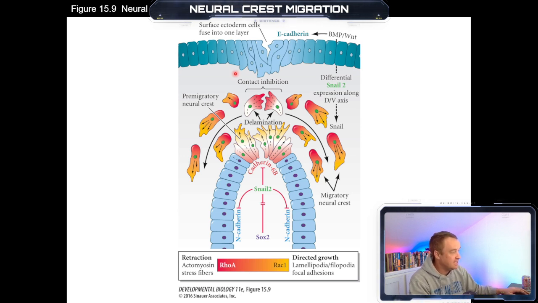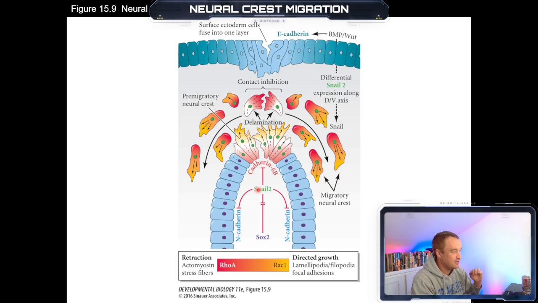So in the pre-migratory domain, BMP levels are at the highest. Before migration, BMP levels are the highest, with WNT at an intermediate amount. Because of that, this increases the expression of SNAIL2, right?